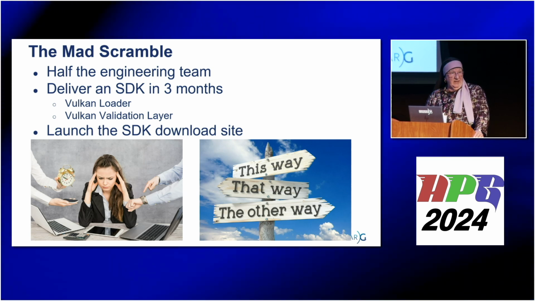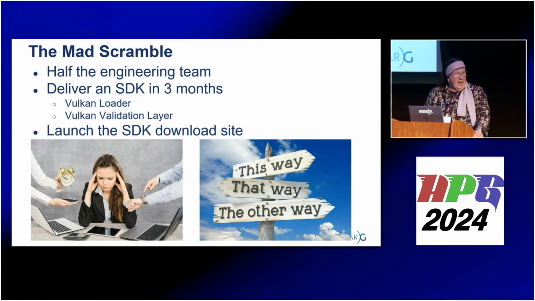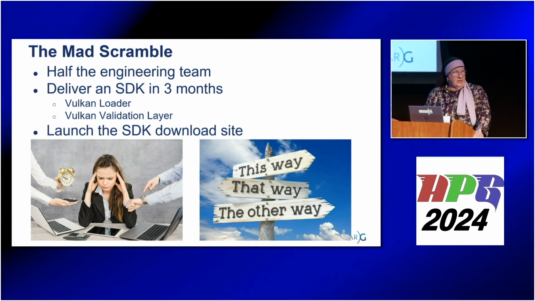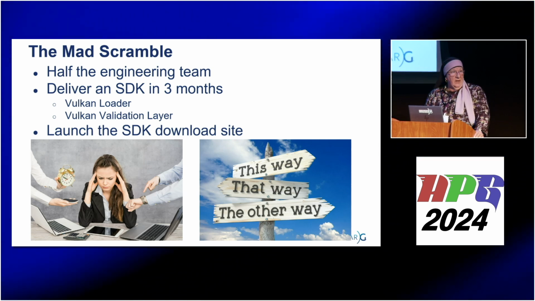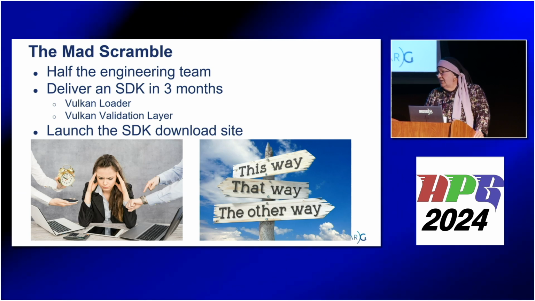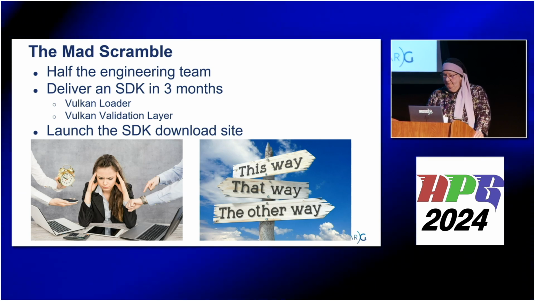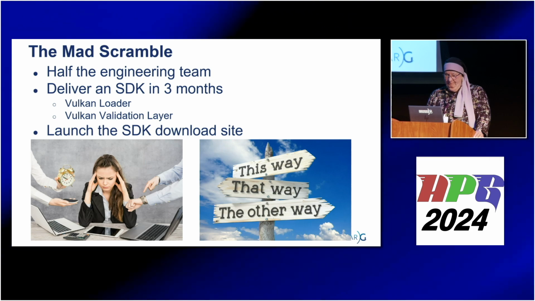We had to get a validation layer and a loader into an SDK. We had to figure out how to package an SDK. What packaging technology will we use? How are we going to deliver this? Oh, yeah, by the way, I had to create a mechanism for launching and delivering this SDK for download. There was a lot going on. It was a pretty crazy time.